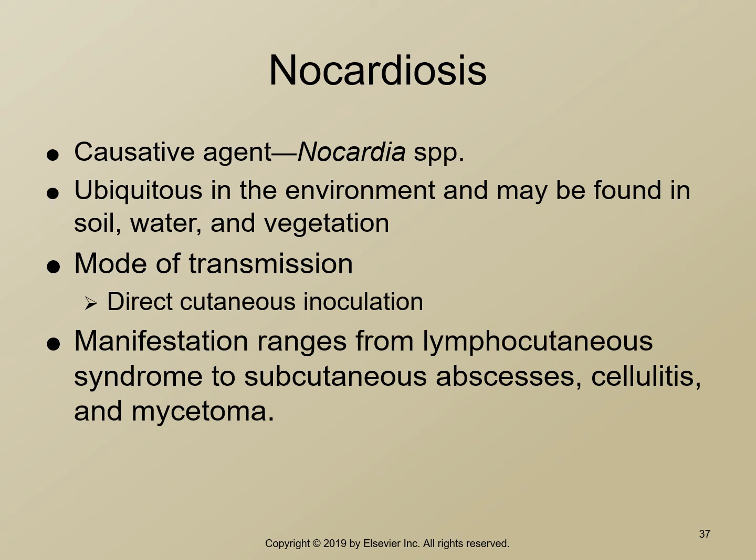Infection can be localized or disseminated, with disseminated infection occurring more often in immunosuppressed patients. In the skin and soft tissue forms of Nocardia infection, manifestations can range from lymphocutaneous syndrome, such as seen in the previous figure, to subcutaneous abscesses, cellulitis, and mycetoma.